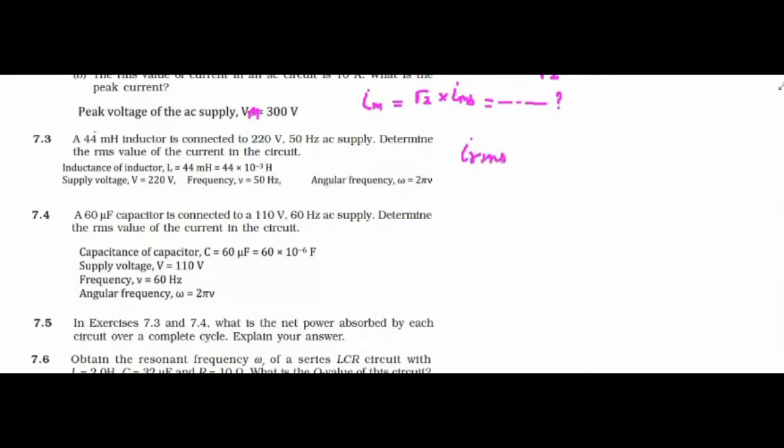So, IRMS is equal to VRMS divided by XL, which is VRMS divided by omega L, and omega is 2 pi nu, so 2 pi nu L. Substitute the quantities so that you get the answer.